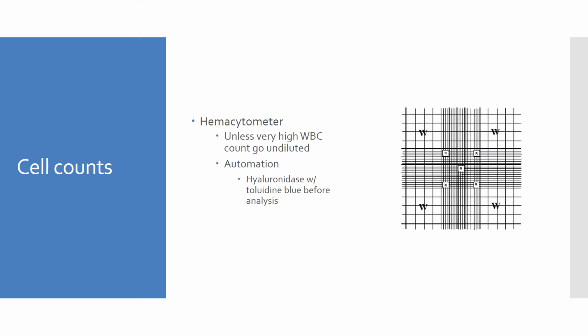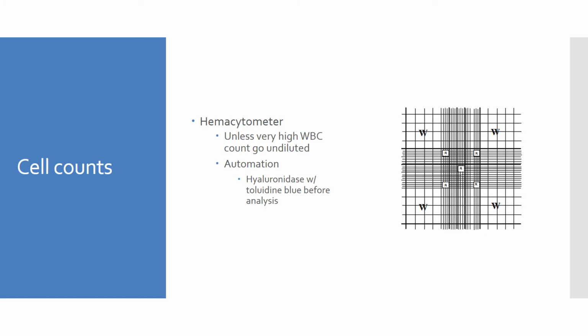One of the things that we do, if the hospital does allow you to use automation to do these counts, one of the things that is usually added to the procedure is hyaluronidase, which will break down the hyaluronic acid in the specimen so that it will help decrease the viscosity of the specimen.